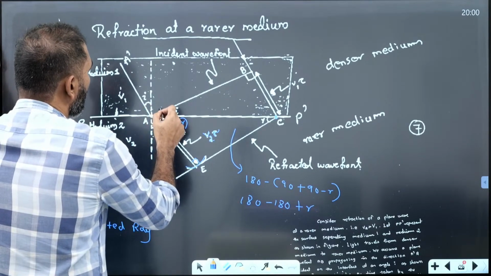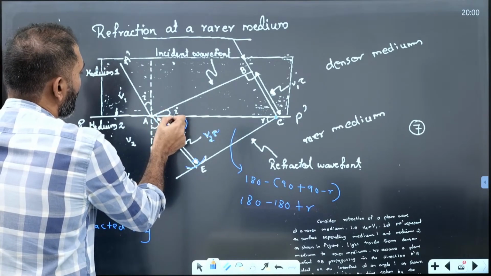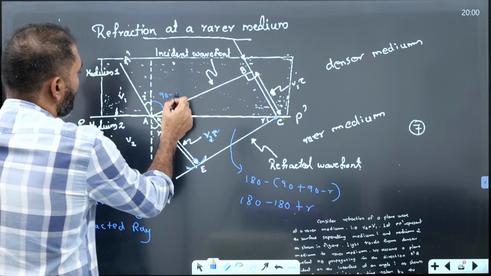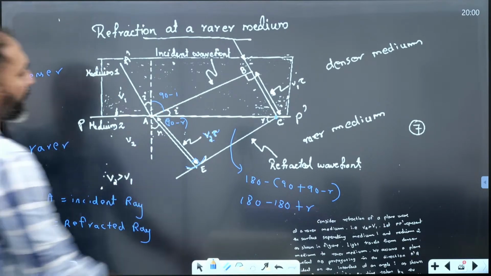This angle is I, so this will be 90 minus I. This angle is 90.